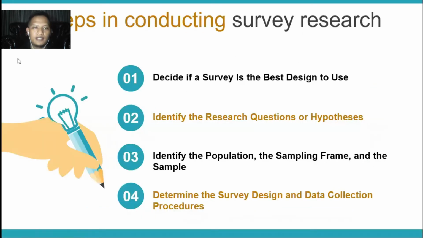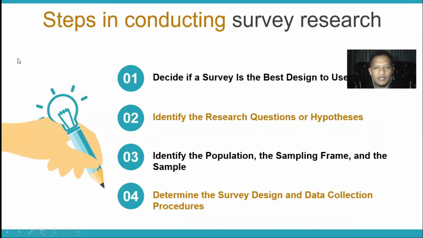Next we have the steps in conducting survey research. The first is to decide if the survey is the best design to use in the study. Surveys help describe trends in a population, describe the relationship among variables, or compare groups.